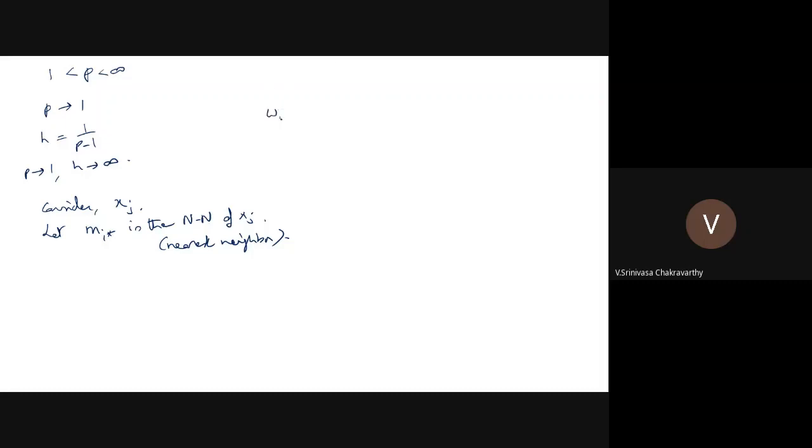Your wij will be equal to, what we'll do now, multiply numerator and denominator by distance square xj mi star, that whole thing to the power of h.